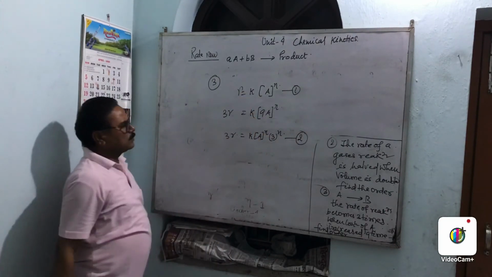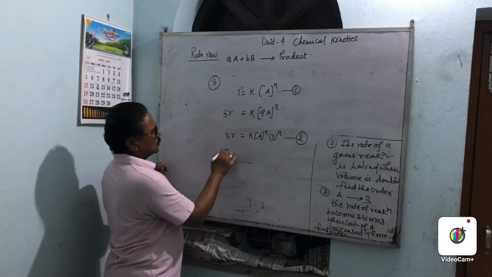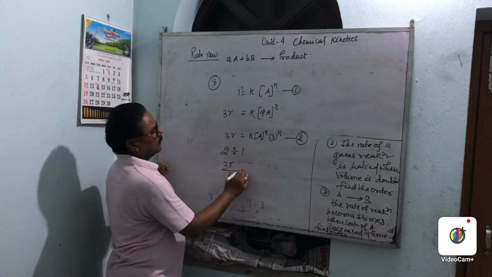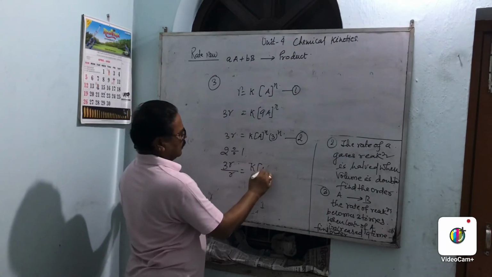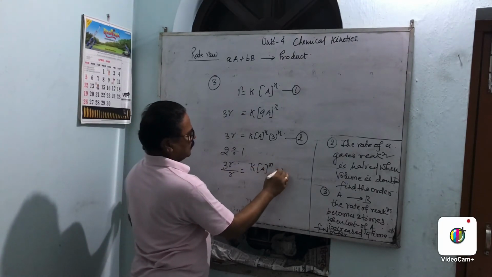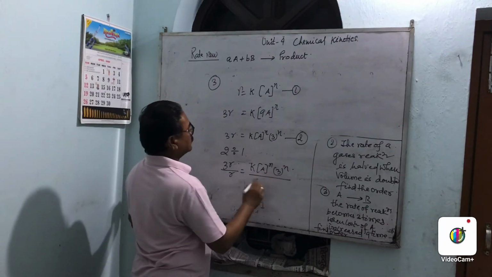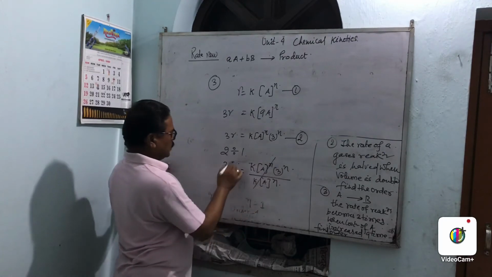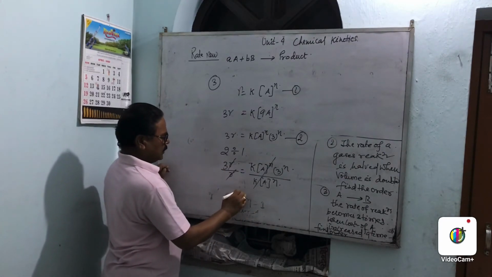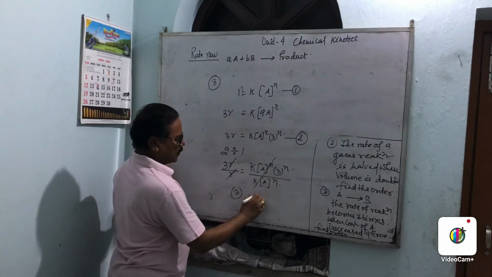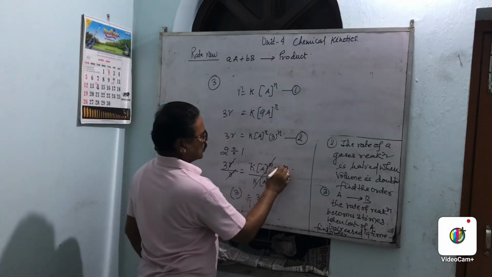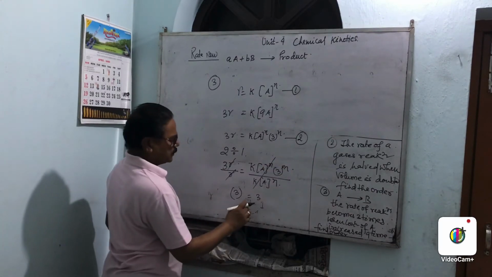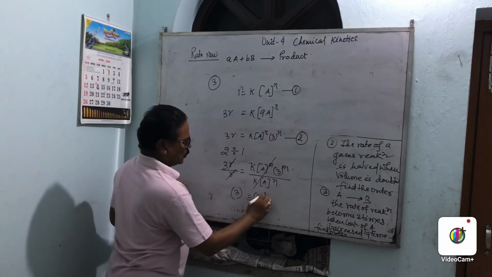Now you solve these two equations, that is 2 divided by 1 in a similar way. 3R by R is equal to K 9A to the power n, and here is K A to the power n. So this will cancel out. Now 3, and here 3 to the power 2n.